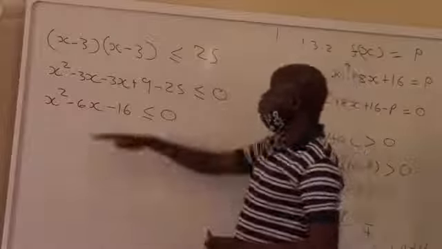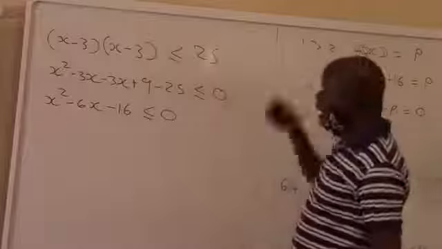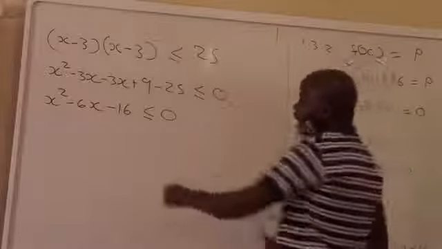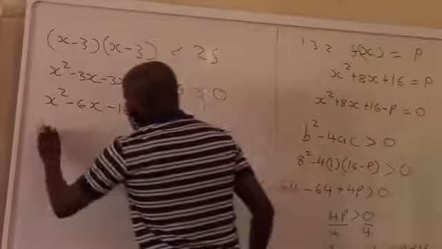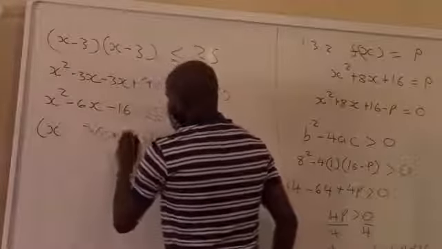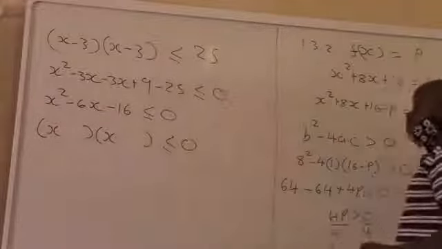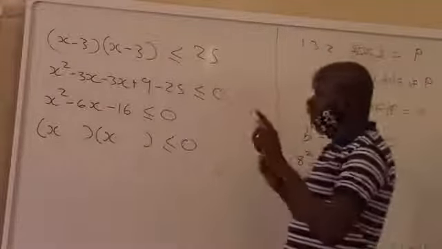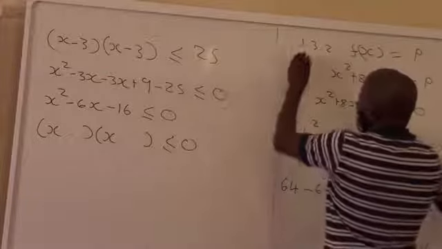So we have to factorize this one. So the factors of 16 in pairs, because here the factors will just be x and x. So we can just write them, x and x, less than or equal to 0. Then the factors of 16, I think we spoke about it, we have 1 and 16.